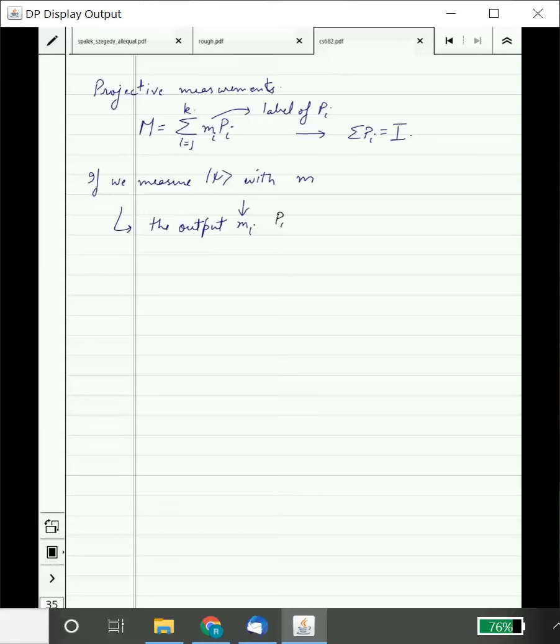So the state obtained will be this. Again, this is the normalization. This will be the state obtained, and this will happen with probability ‖Piψ‖².